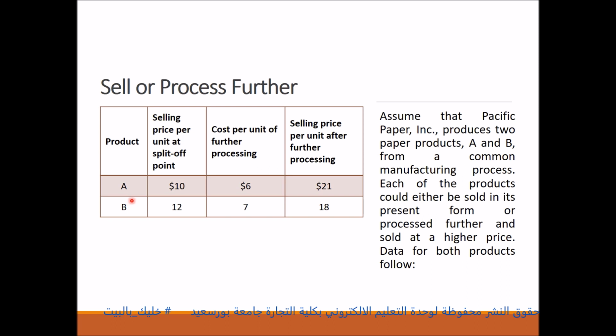For product A, the selling price at the split-off point is $10. Cost for further processing is $6. Selling price after further processing is $21. For product B, selling price at the split-off point is $12. Cost of further processing is $7. And selling price after further processing is $18.